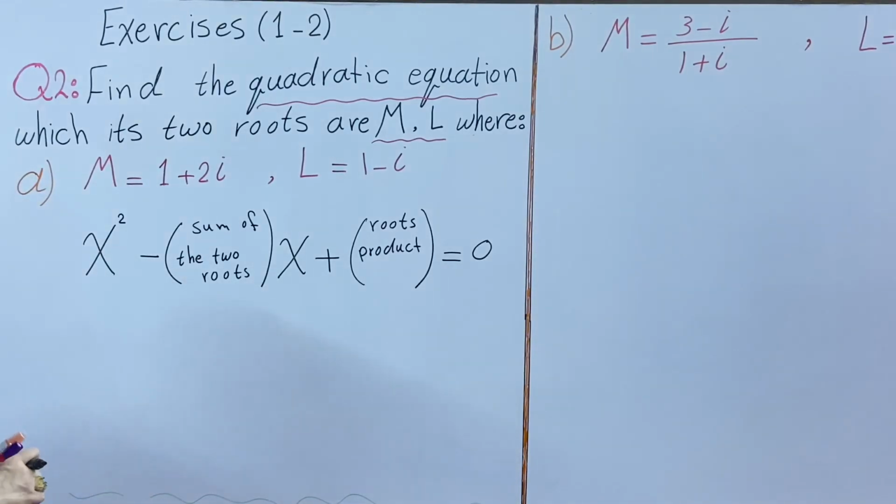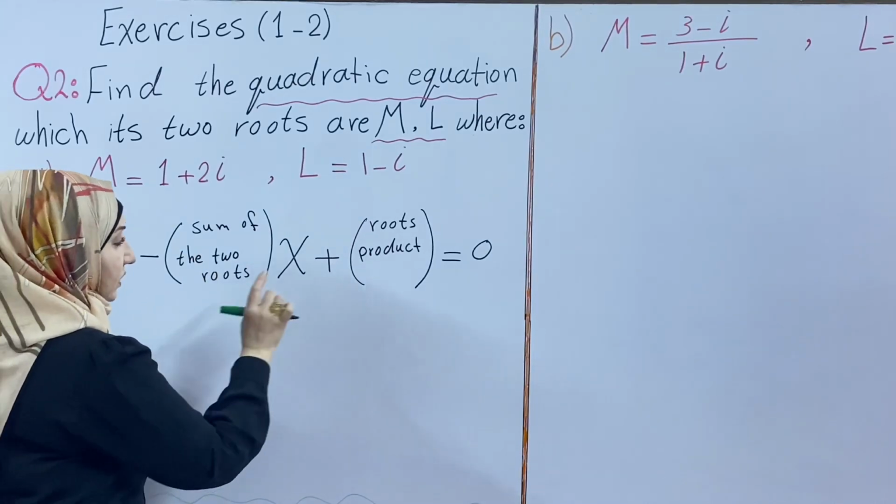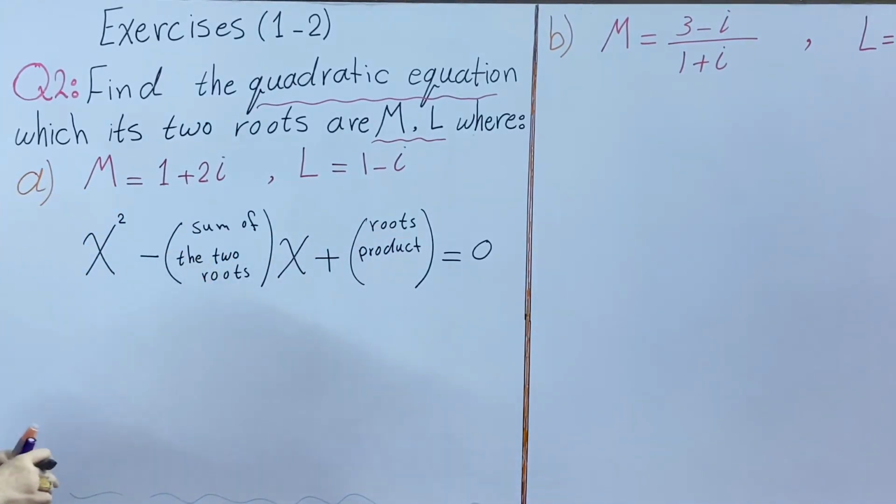And now we can find the sum of the two roots and the roots product because we know the two roots.